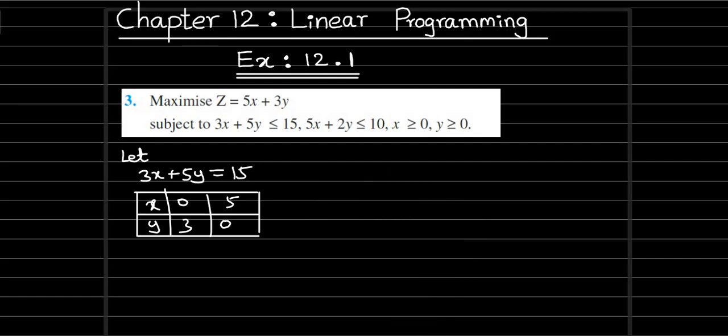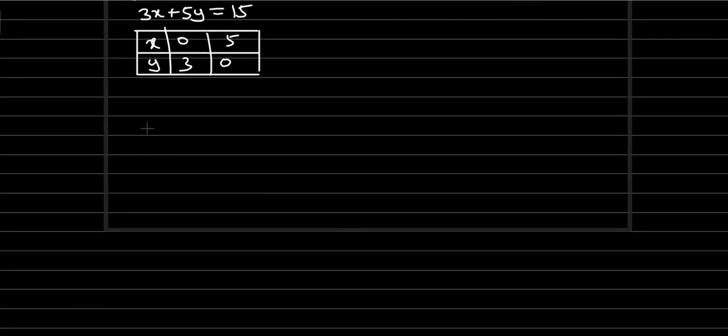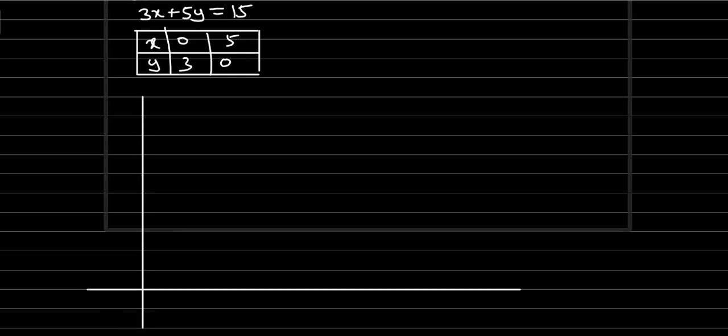Now let's plot these two coordinate points in the graph. If you have a proper graph, just practice on it. I'm just drawing the x-axis and y-axis, and with the help of the points, I'm going to draw the graph.